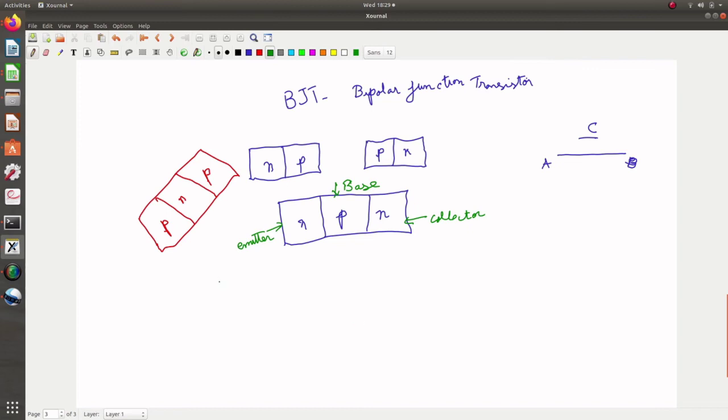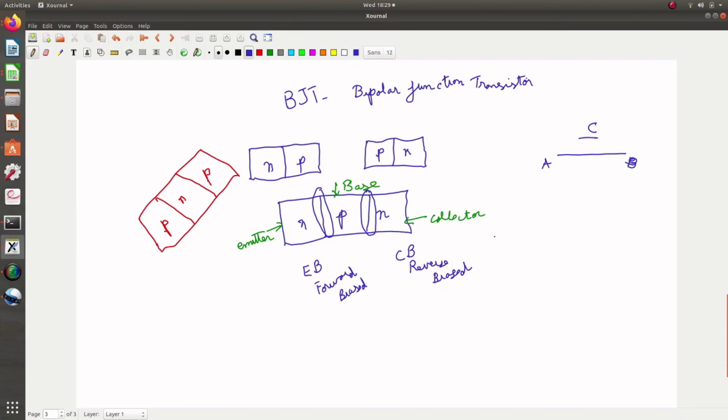As a PNP or NPN transistor is normally used for amplification, the basic requirement is to have the emitter base junction forward biased, which is this junction, and this junction, the collector base junction, reverse biased.